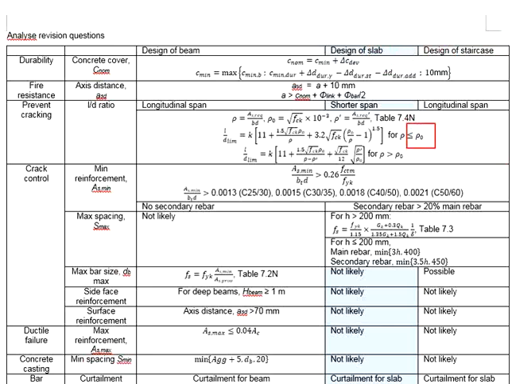As for the rho node, it is due to the concrete strength fck. By comparing these two parameters, if the rho is equal to or less than the rho node, you will use this equation. Now, if the rho is greater than the rho node, you're going to use this equation.